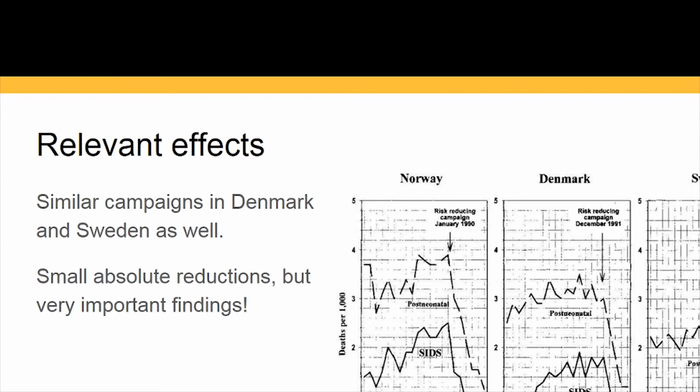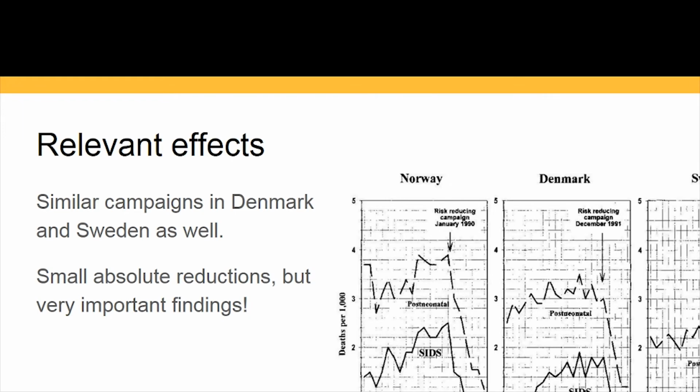And as you can see, the SIDS rate starts dropping immediately after the campaign in all countries, right? You have this upward trend, and then boom, starts dropping. Upward trend, or at least not downward, and boom, starts dropping. Thousands of infants have been saved over the years because of this.